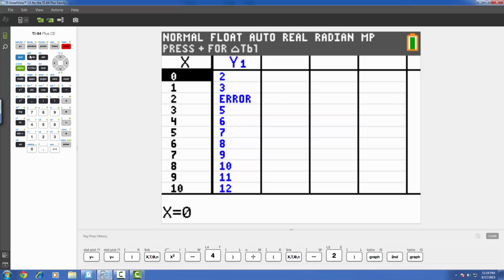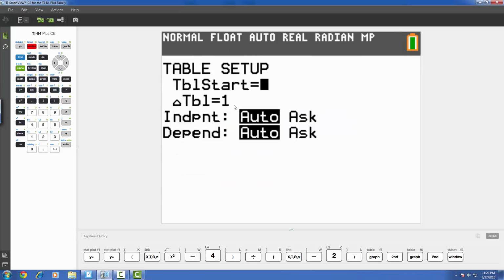Let's look at a table that is more focused on what's happening around this specific x value 2, because we can see that it jumps from 3 to 5 to 6, and we know it's 4 algebraically. But I'd like to talk about the limit and what's happening as x approaches 2. I'm going to hit second table set and start this thing really, really close to 2.